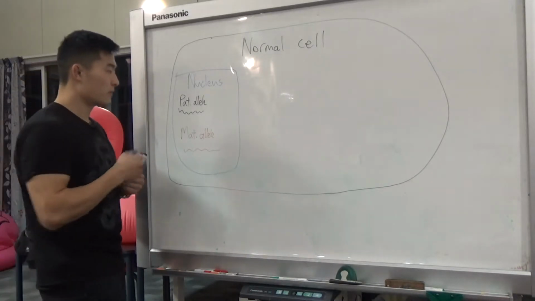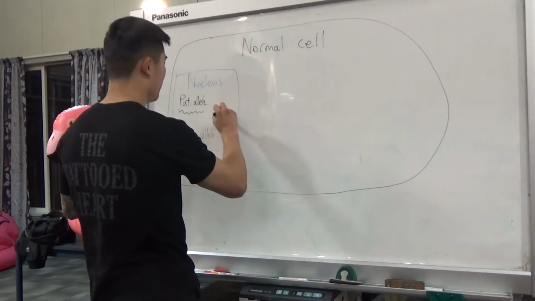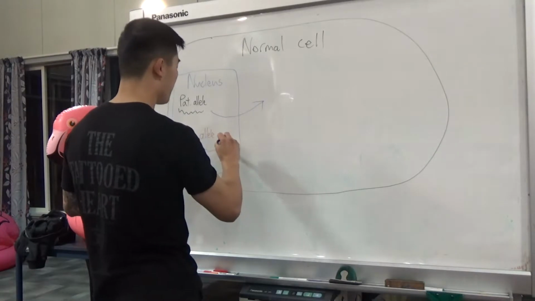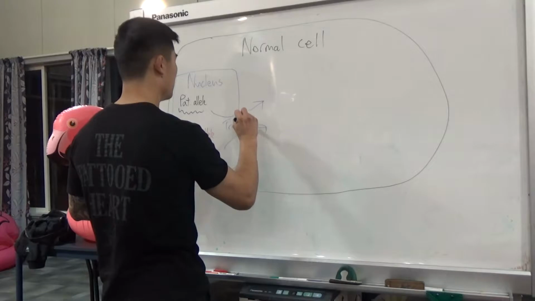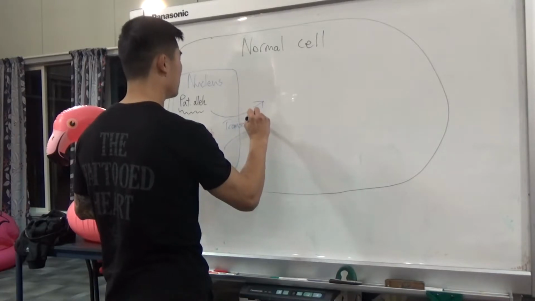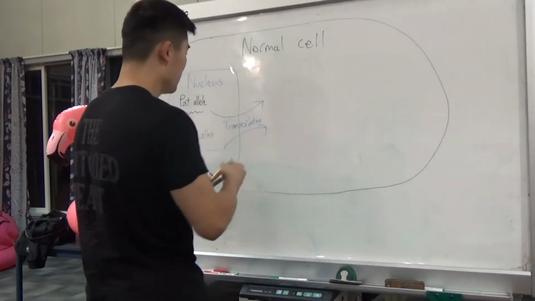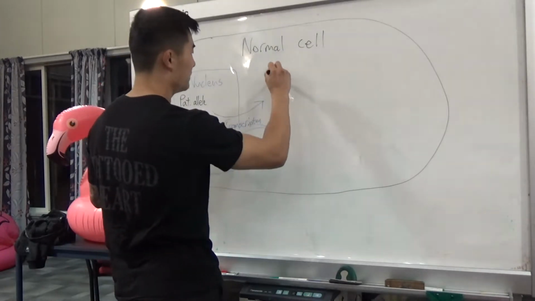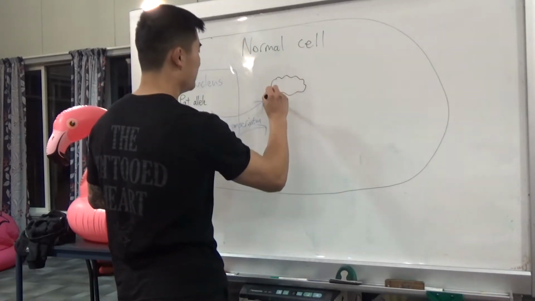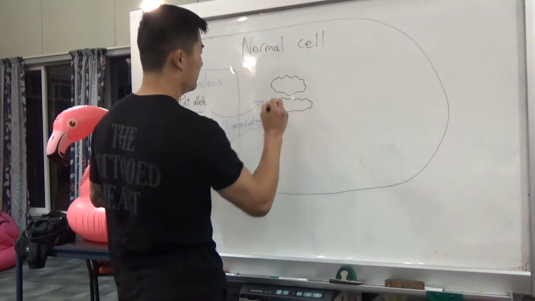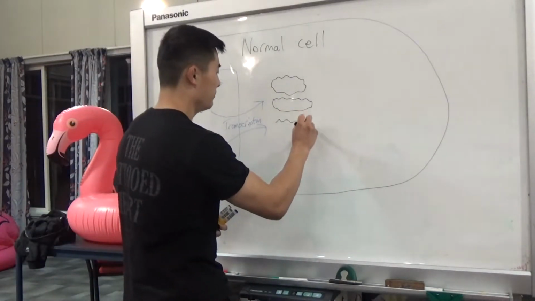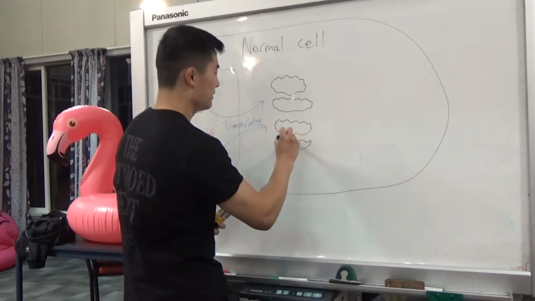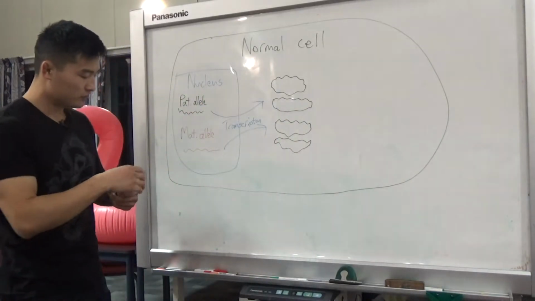Now they're both going to be transcribed. So transcription, and you've got the ribosome. So remember, the ribosome is the piece of cell machinery that's going to process the mRNA.